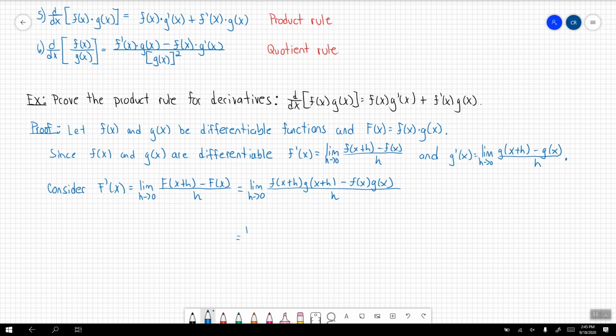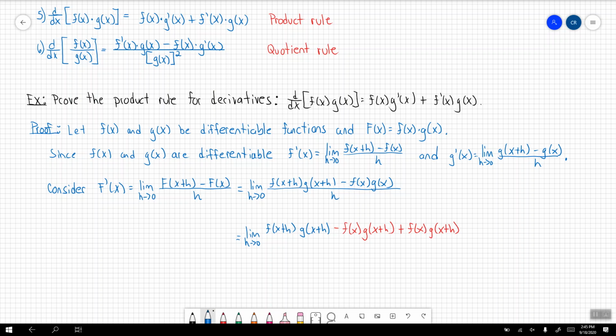And we're going to get crafty here, because getting crafty at this point in time is going to help us factor this numerator. So what I want to do is insert negative f of x times g of x plus h, and then plus f of x times g of x plus h.